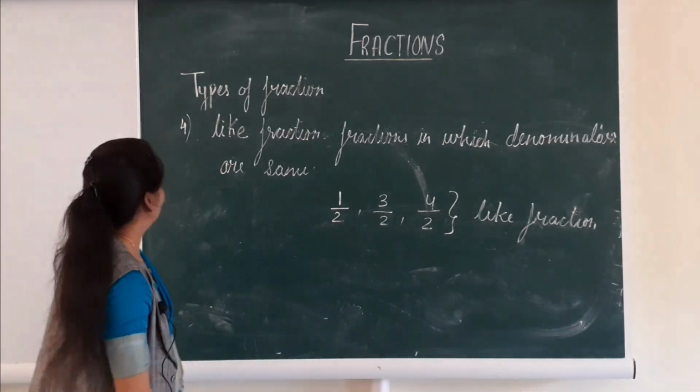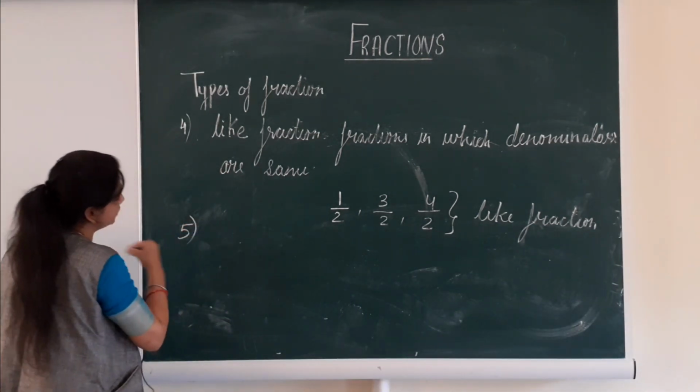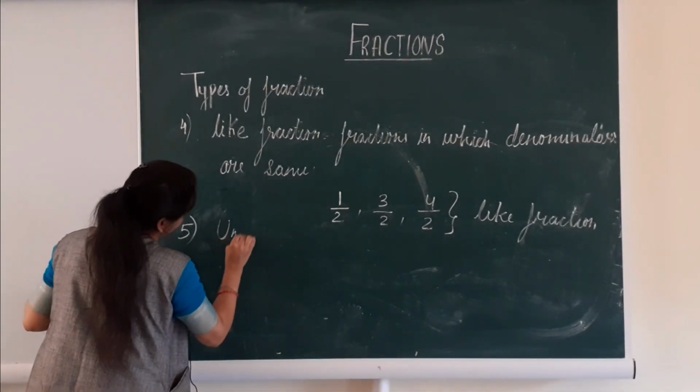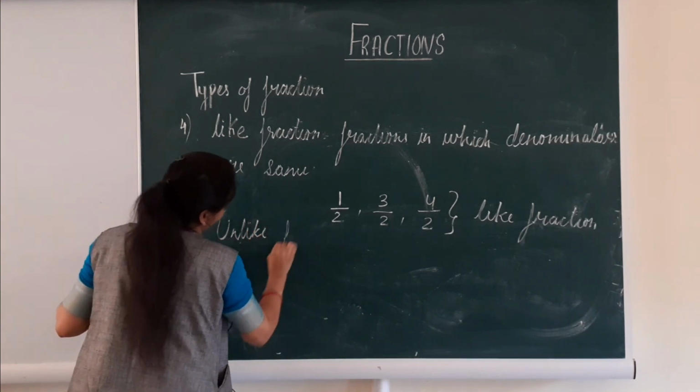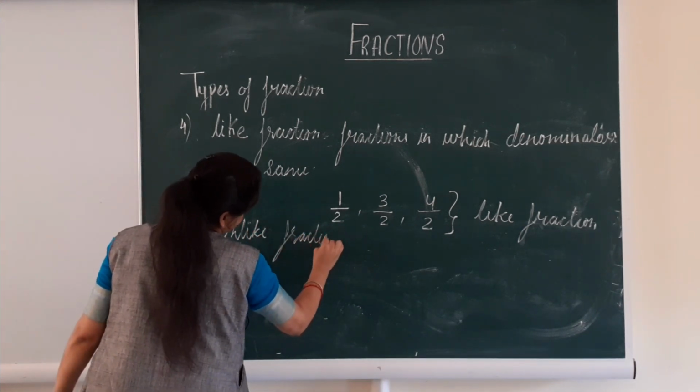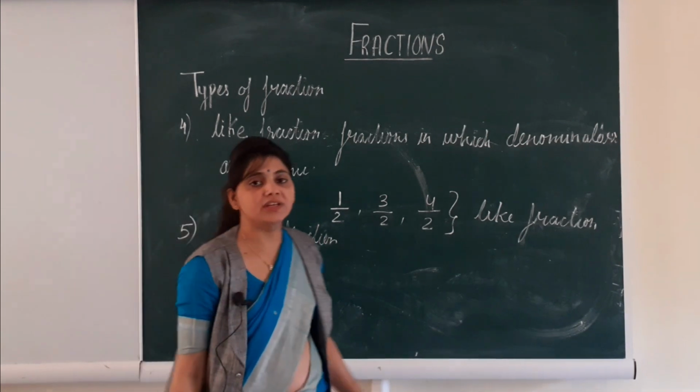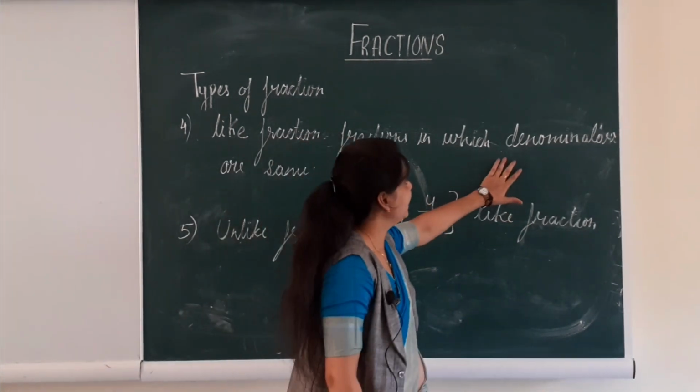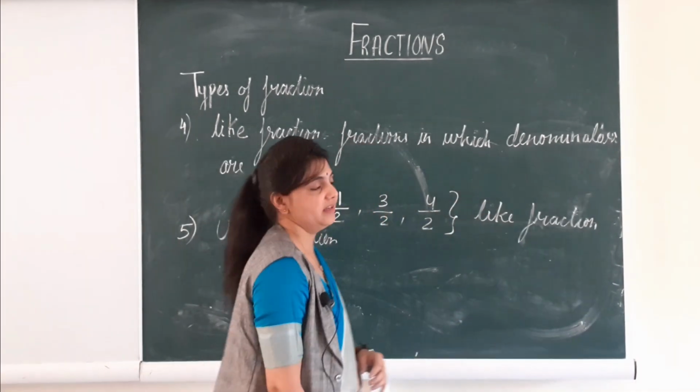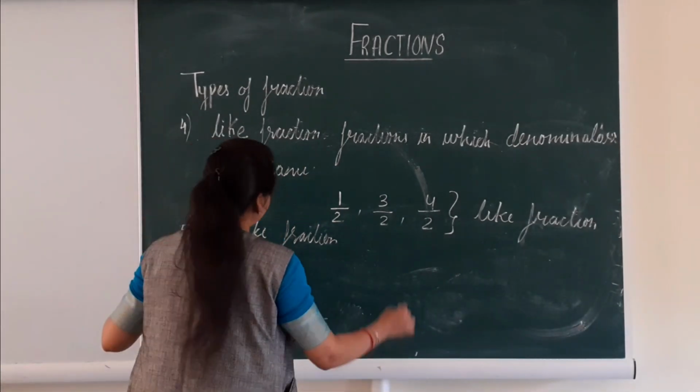Next is unlike fraction, which is our fifth type. A fraction in which the denominators are different.